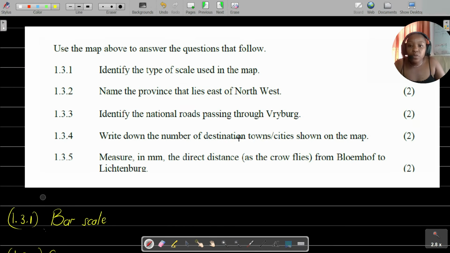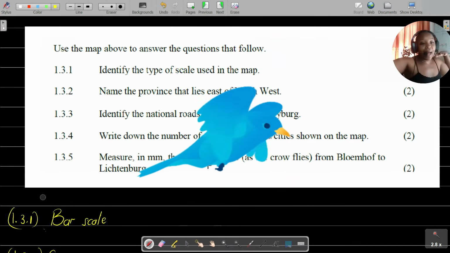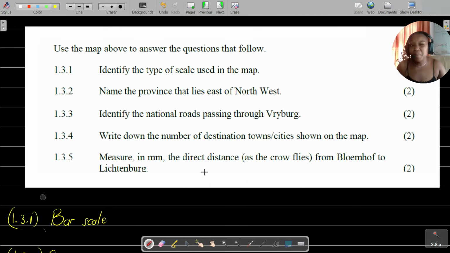Okay. Number 1.3.5, measure in millimeters the direct distance as the crow flies from Bloemhof to Lichtenberg. Remember, that is why I love saying that if they're asking for general direction, you need to picture yourself as a bird flying from one place to another.